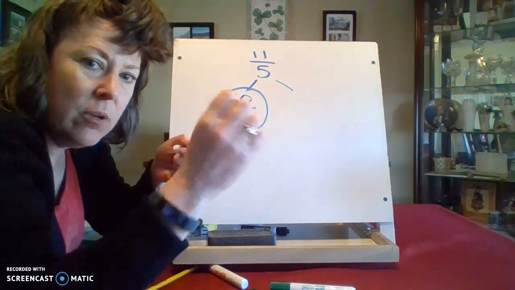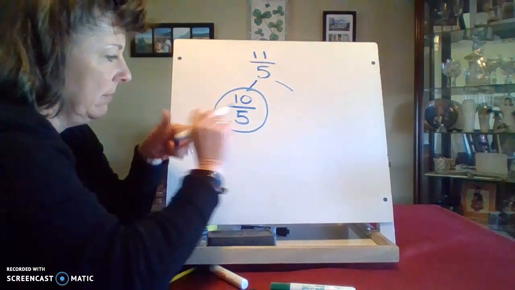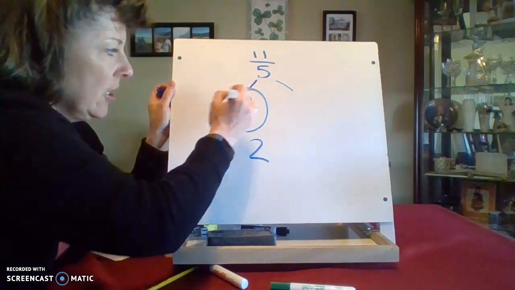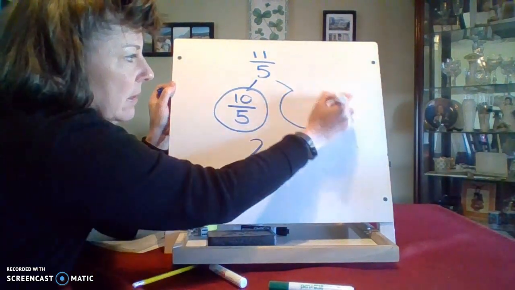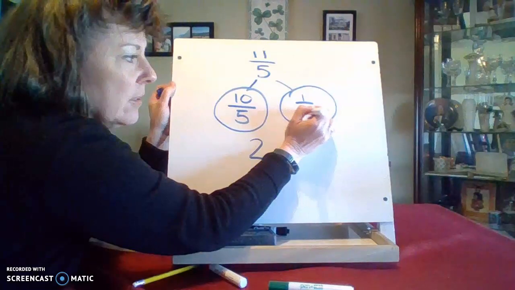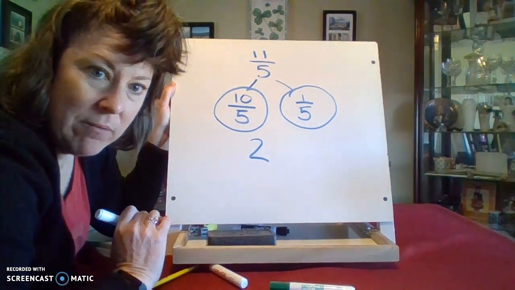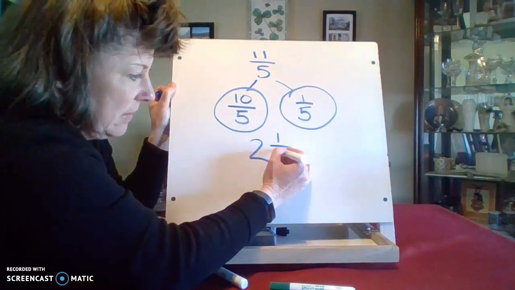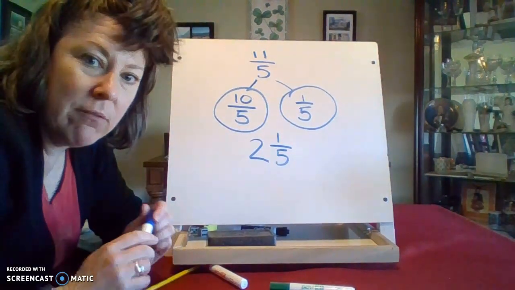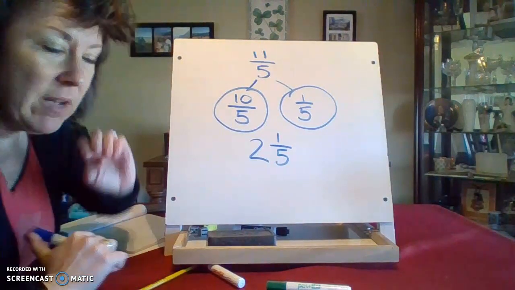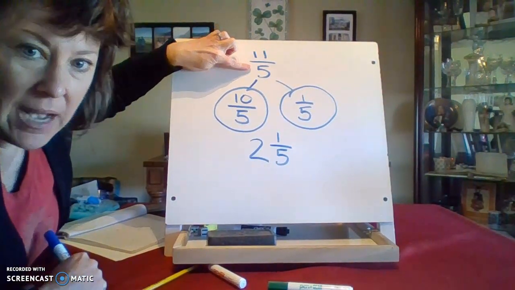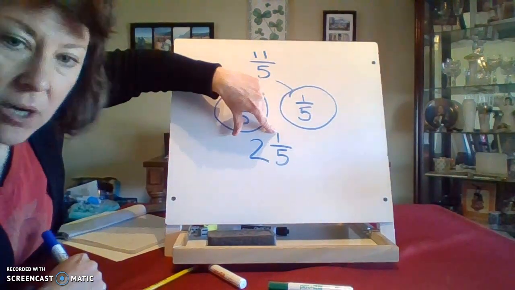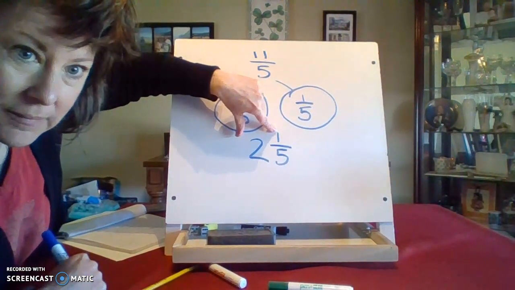And I know 5, 10, that's 2 wholes. So I've pulled out 10/5 and I still have another 1/5. So 11/5 is the same as 2 and 1/5. We're basically doing our dividing. 11 divided by 5. 2 groups with a remainder of 1.